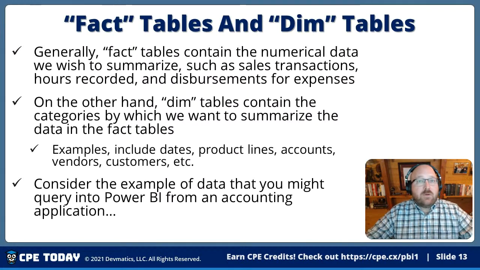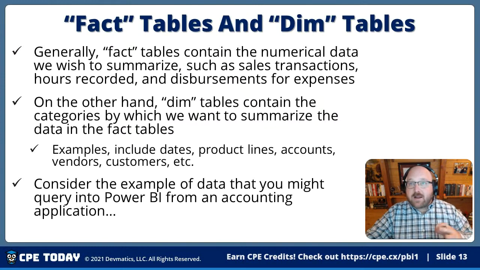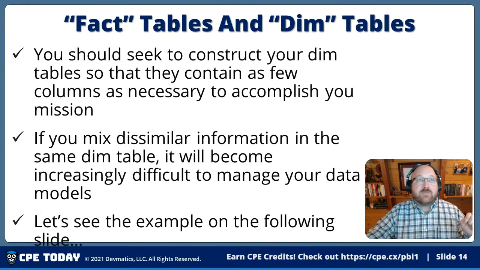So lots of different ways that we can structure this, but generally having something numeric that is fact-based would be our fact tables, and the things that provide context, those would be our dim or our dimensional tables.